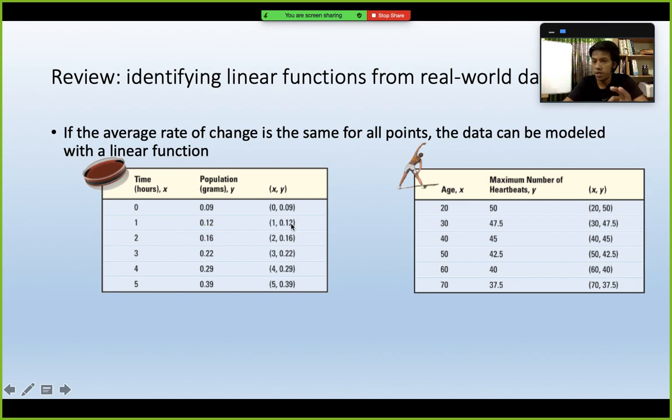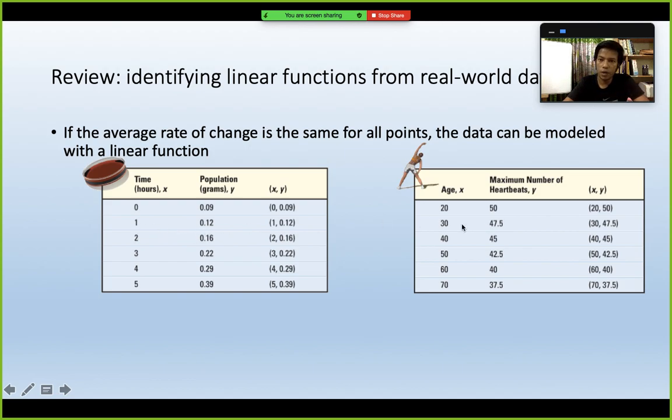That means the slope will be the same for all the points. And if the slope is not the same, then it is non-linear.